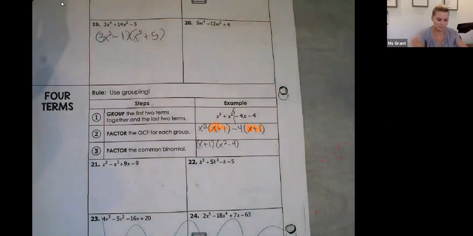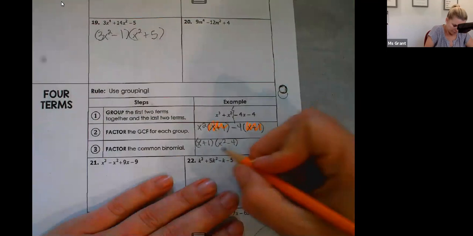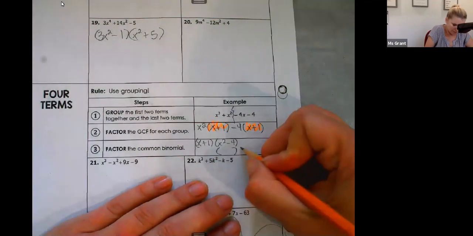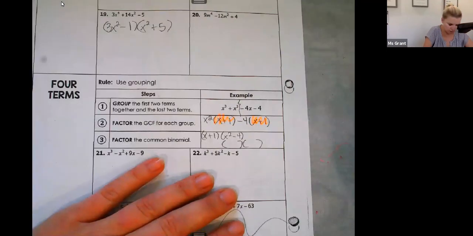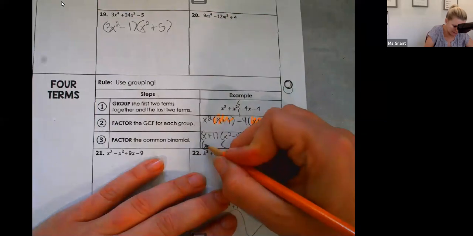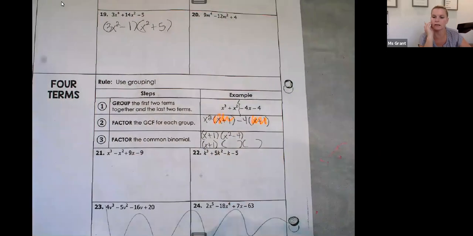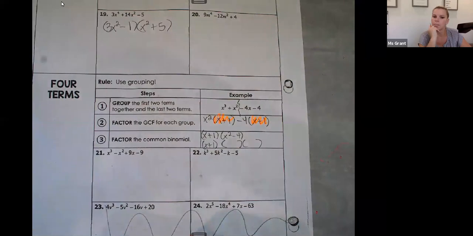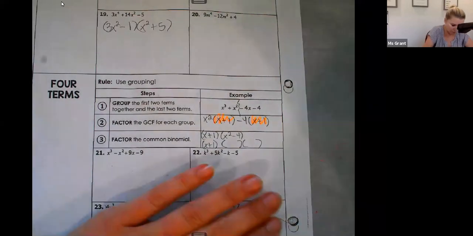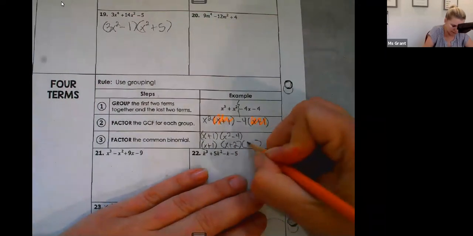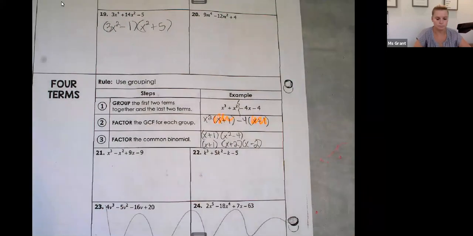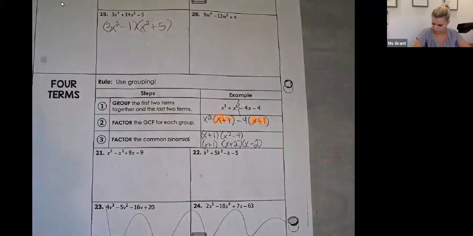Yeah, there is. So I know that x squared minus 4 can be factored. So x plus 1 is still going to stay because that's my common factor from the beginning. And then x squared minus 4 is x plus 2, x minus 2. I have 3 terms.